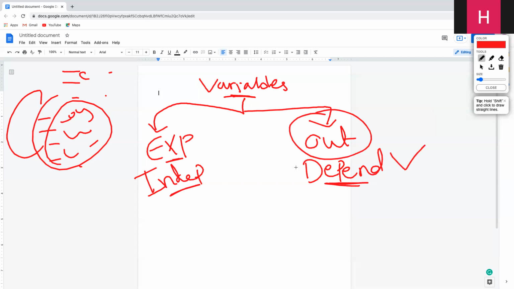Why? Because it depends on the exposure for its presence. Usually, an outcome like lung cancer depends on the presence of smoking for its presence. While smoking is already there, it doesn't need the outcome for its presence. You are either a smoker or non-smoker. This is independent.